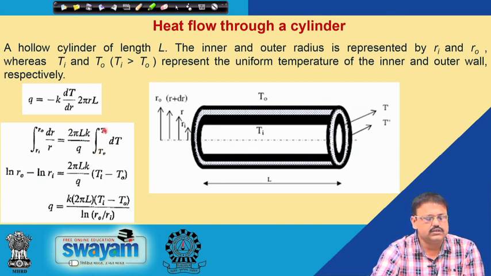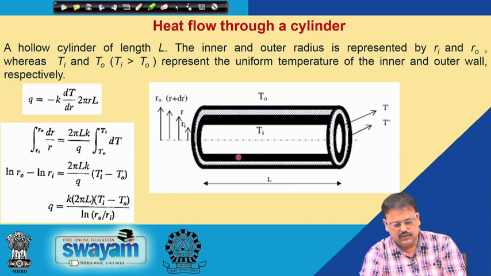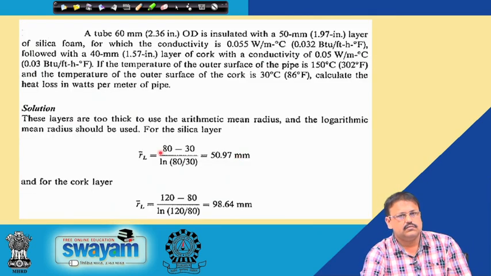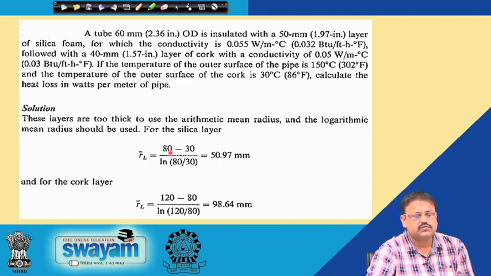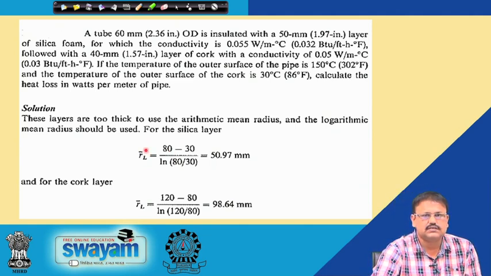The minus sign has been managed here by taking the limits T 0 to T i, and from this after integration Q comes to 2 pi K L into (T i minus T 0) by ln(r 0 by r i). Similarly, for other geometries we can calculate the overall heat transfer in a steady state condition.